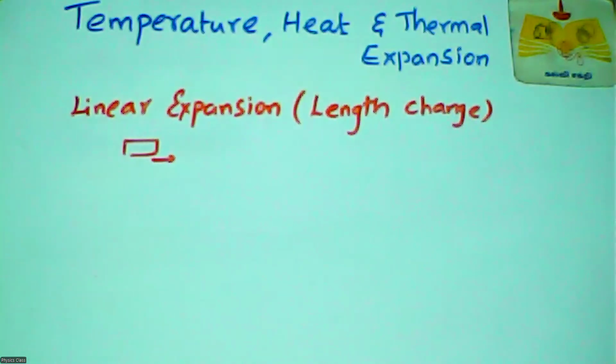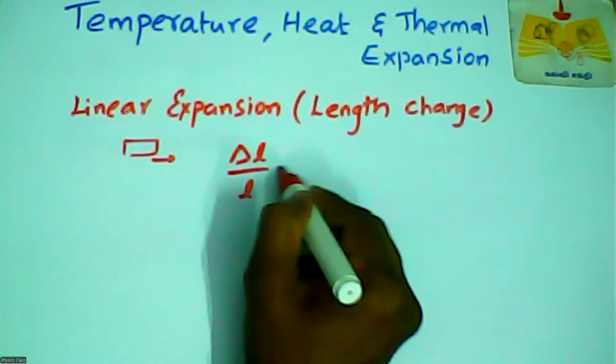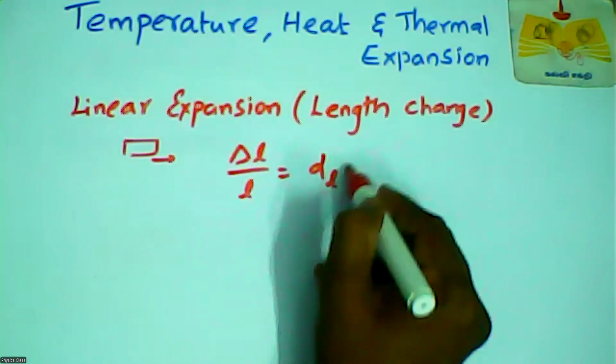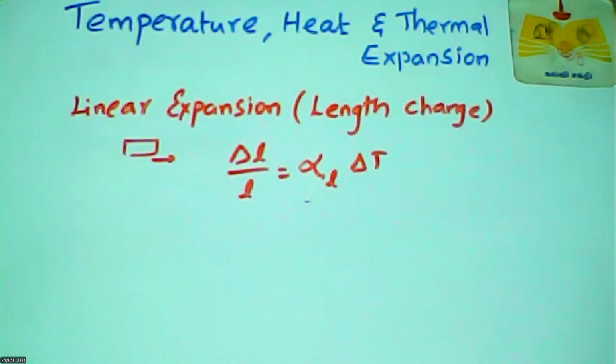So for this linear expansion, we have a formula as per your book, that is del L by L equal to alpha L into del T. Here alpha L is known as the coefficient of linear expansion or linear expansivity.